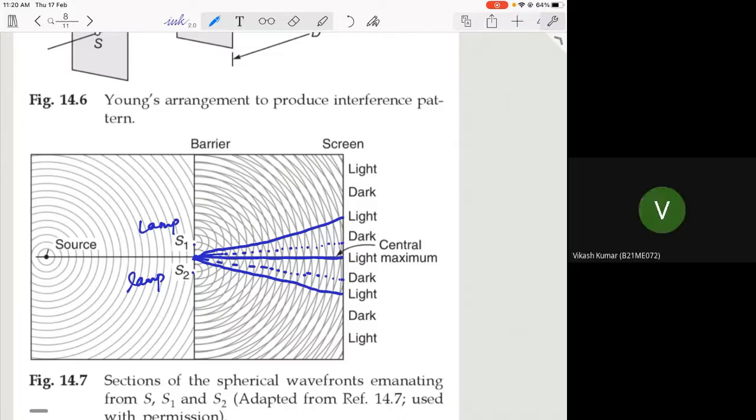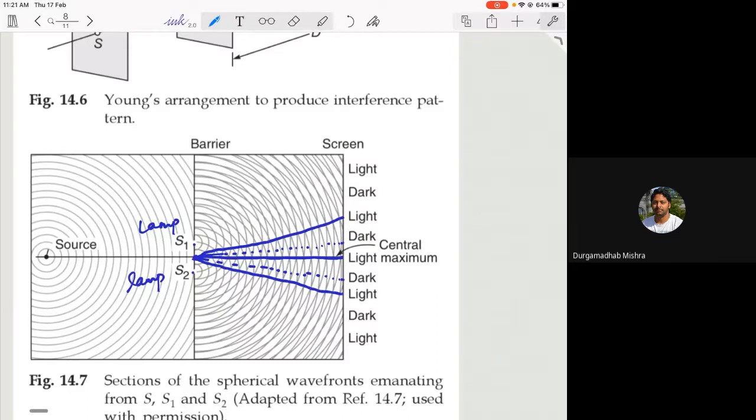Sir, because there is some phase difference, and we cannot match the phases here. Yes, the phase difference. Sir, there are two different sources.